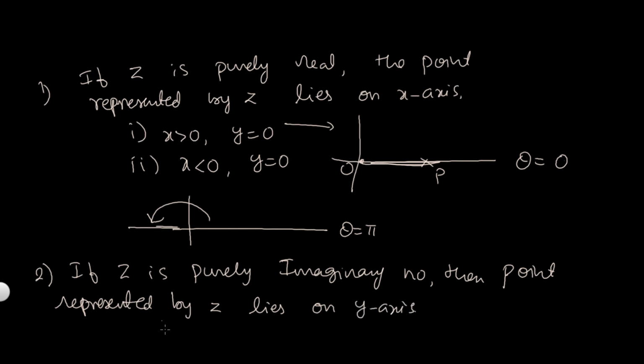Here also, lies on the y-axis means x is equal to 0 and y should be positive, or else x should be 0 and y should be negative.